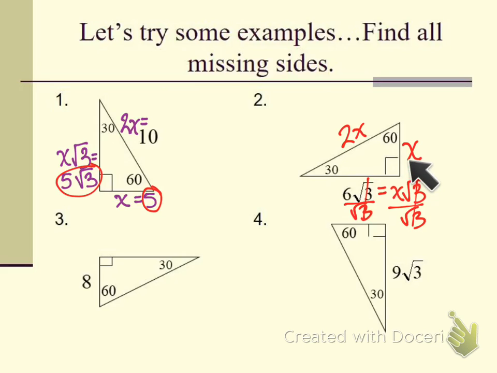So I go to the side that's just an x. That has to equal 6. Then I plug that in at the top. 2 times 6 is 12. So the sides that I didn't already know when I started were 12 and 6.